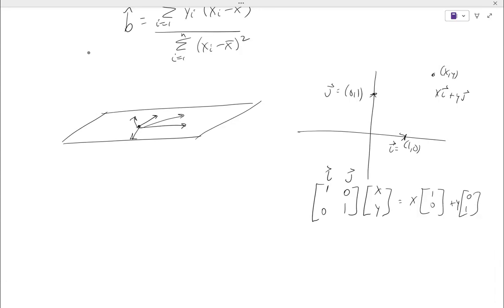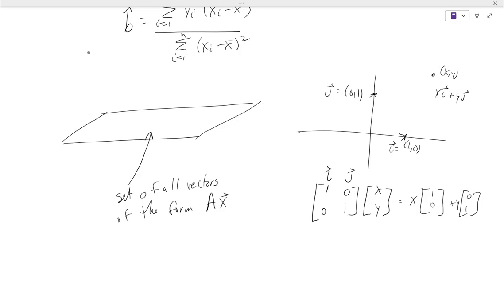So from a linear algebra perspective, when I'm talking about this kind of plane idea, this turns out to be the set of all vectors of the form a matrix times some vector.